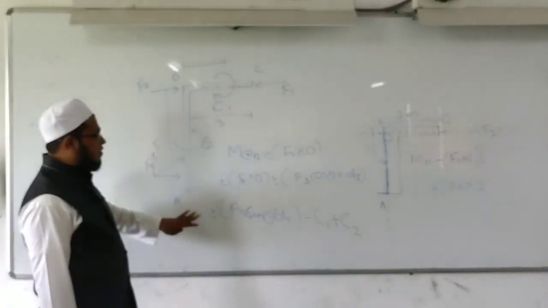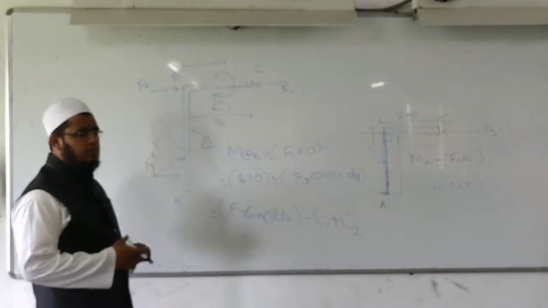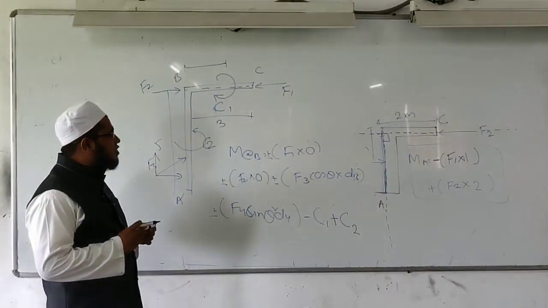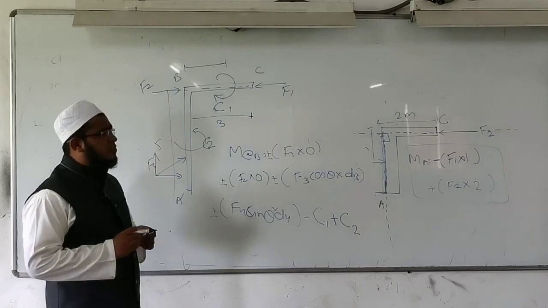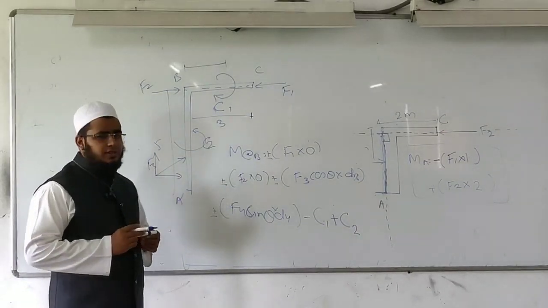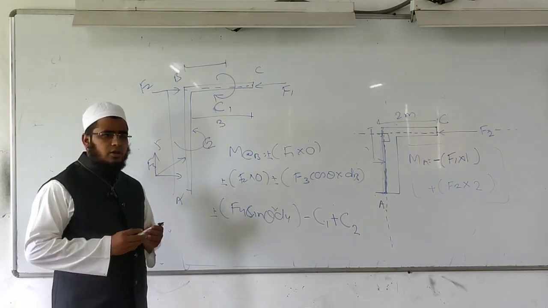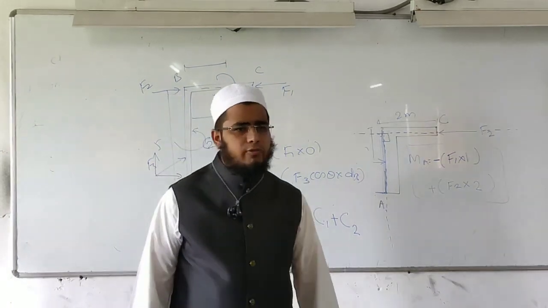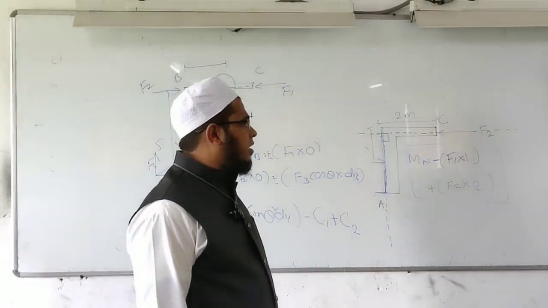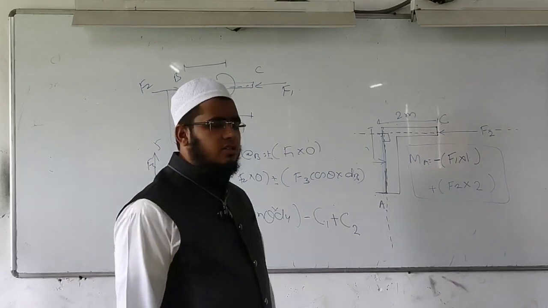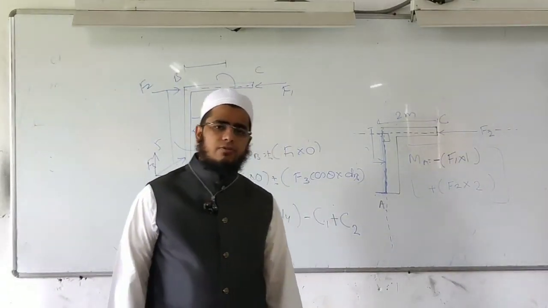Then after the calculation of the moment, I will use Varignon's theorem to determine the position of the resultant with respect to the moment center. Okay, we will see in the next lecture the numericals on Varignon's theorem and how to calculate the perpendicular distance from the moment center.